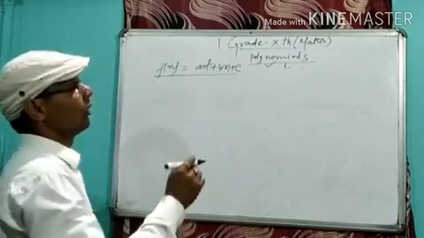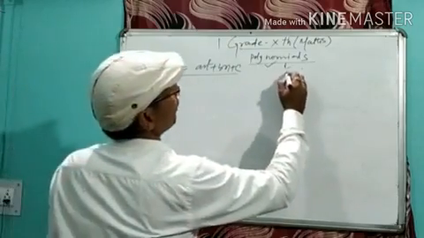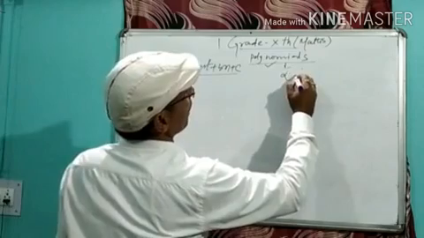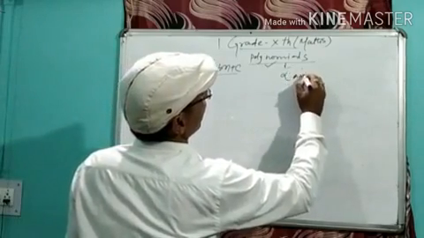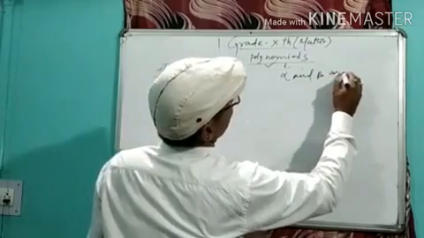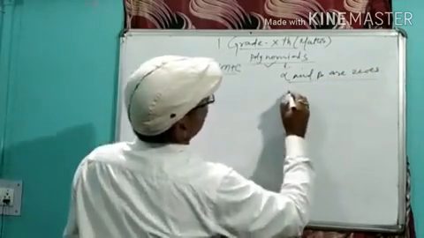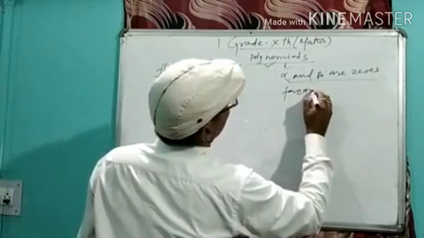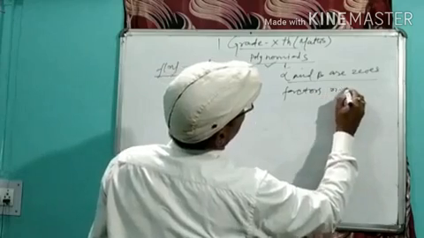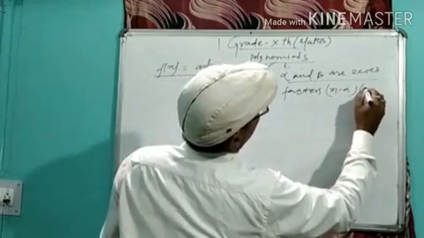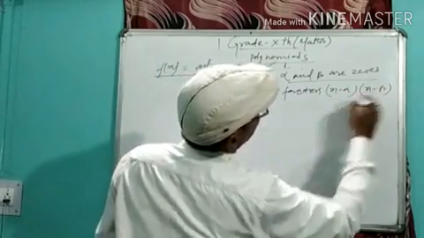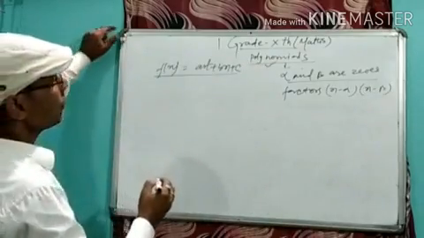I told you earlier, it has two zeros. Alpha and beta are zeros, and the factors are x minus alpha and x minus beta. Okay.